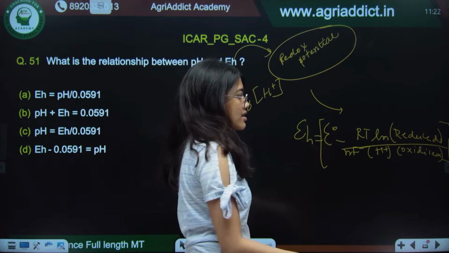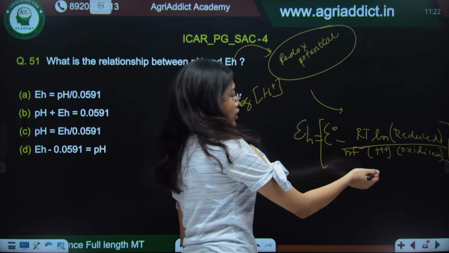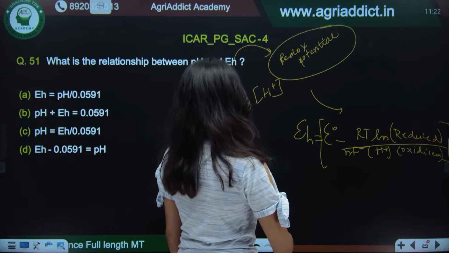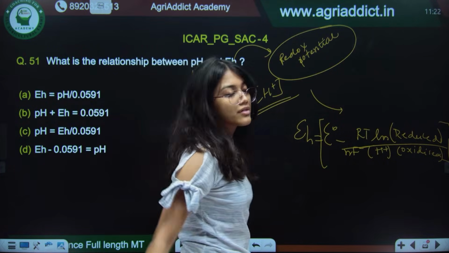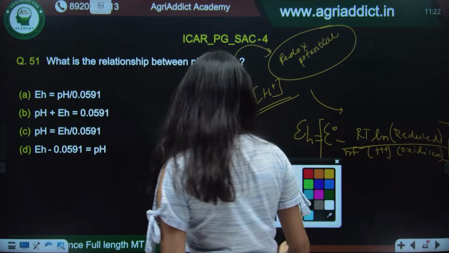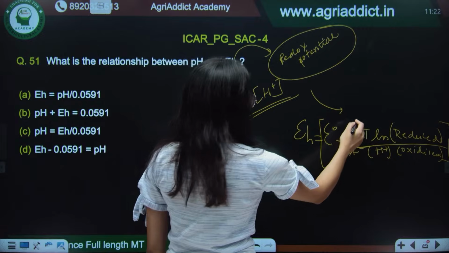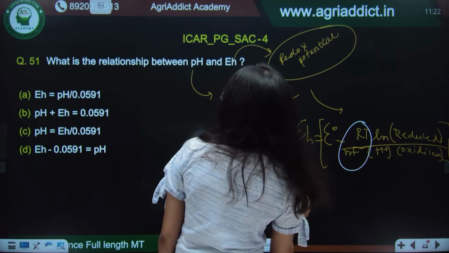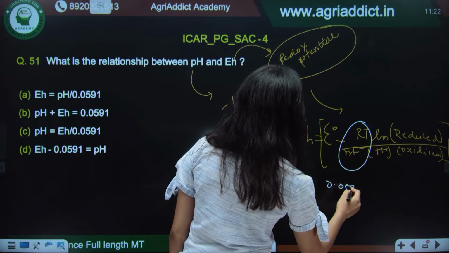And from this equation you can get the relationship between EH and pH. Whenever we compute in standard form, this RT by nF we assume to be 0.0591.